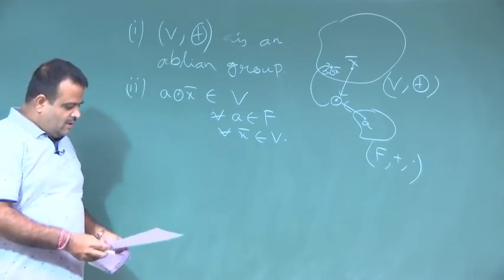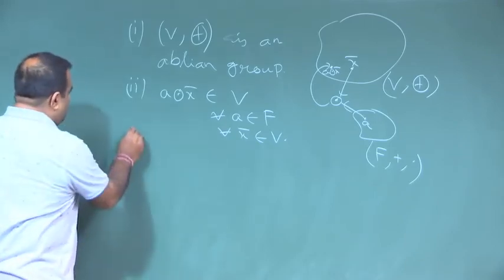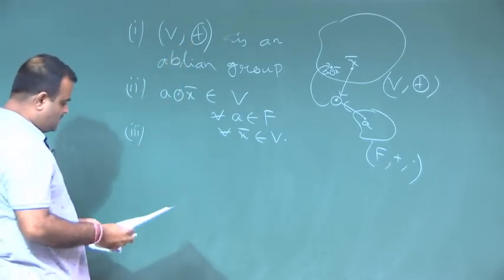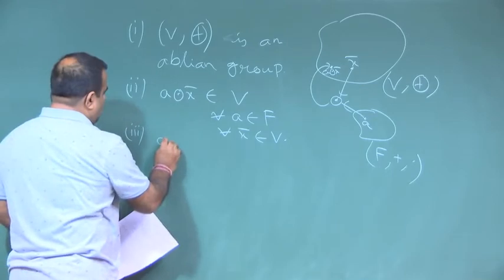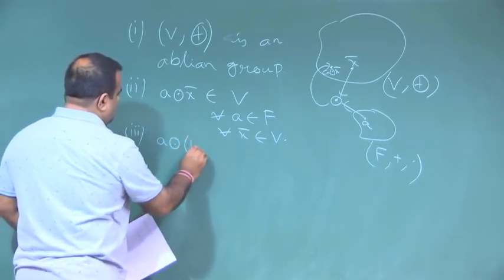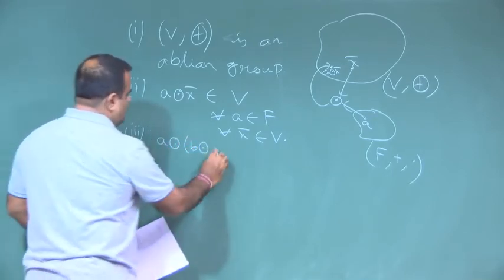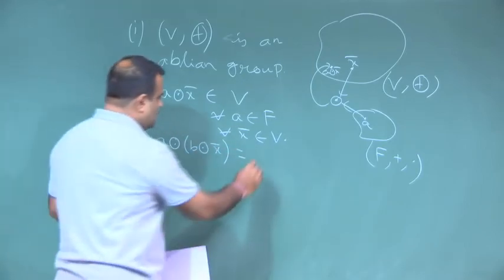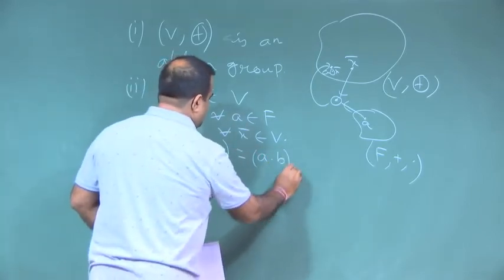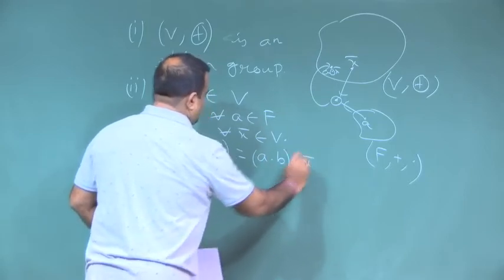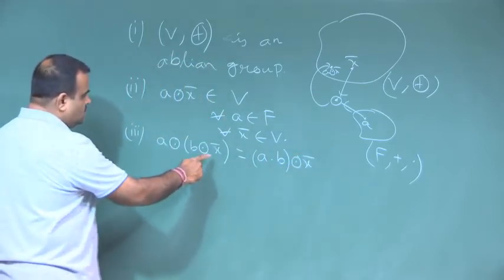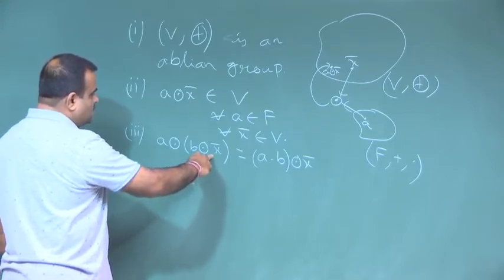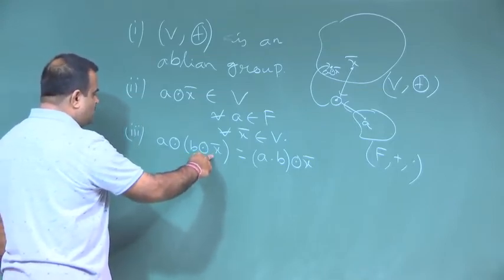So, this is telling the closure property of this operator. Now, a few more properties on this scalar multiplication along with vector plus. So, A operate with (B operate with x) should give us (A dot B) operate with x. We have to understand this. B operate with x is a scalar multiplication of a vector, so this will give a vector.